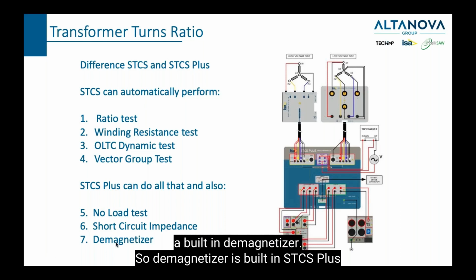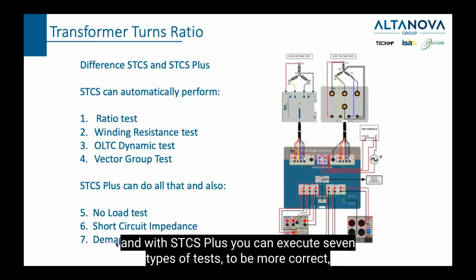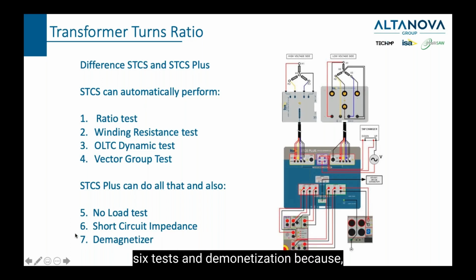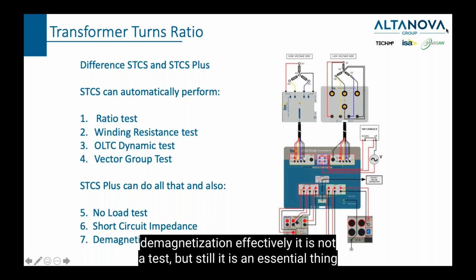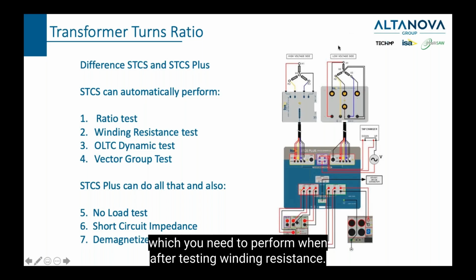With STCS Plus, you can execute 7 types of tests. To be more correct, 6 tests and demagnetization, because demagnetization effectively is not a test, but still it is an essential thing which you need to perform after testing winding resistance.